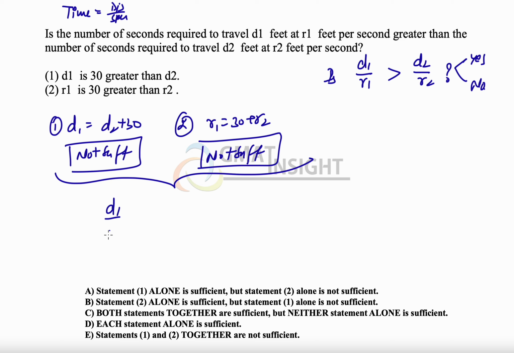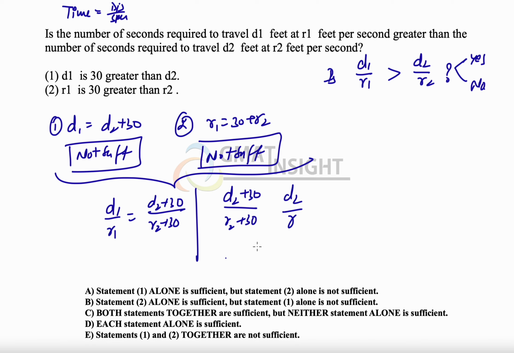Then we understand that d1 over r1 can also be written as d2 plus 30 over r2 plus 30. Now the question is, can we compare d2 plus 30 over r2 plus 30 with d2 over r2? Now the thing is, we can't compare that.